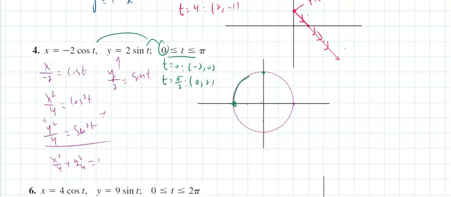So I figure that we're running in this direction, and by the time we hit pi, cosine of pi is negative 1 times negative 2, that's a 2, and sine of pi is 0. So we do trace the top half, and it's just a coincidence that it matched. But the direction is negative, and that's pretty much what the graph looked like.